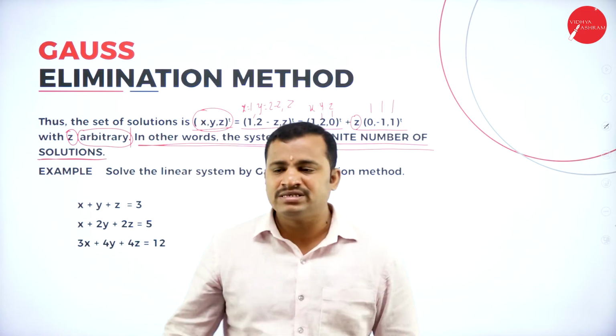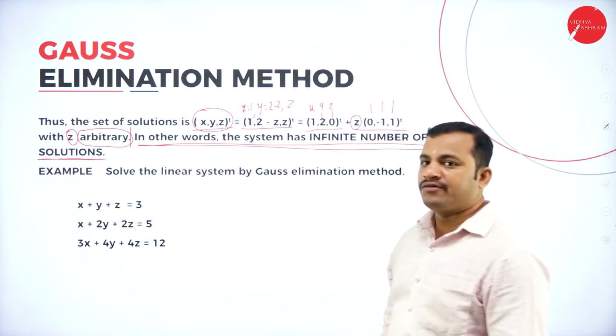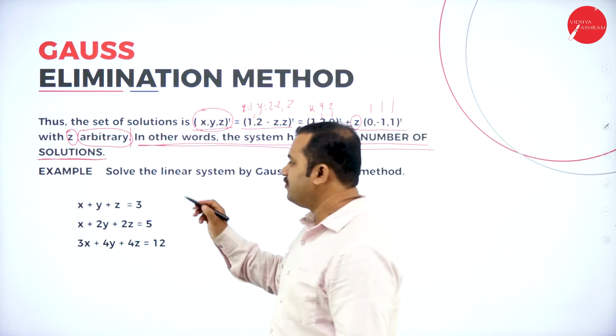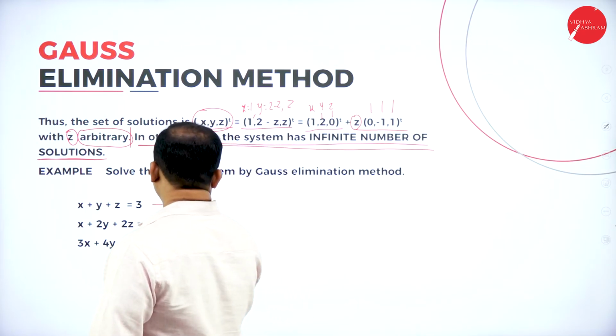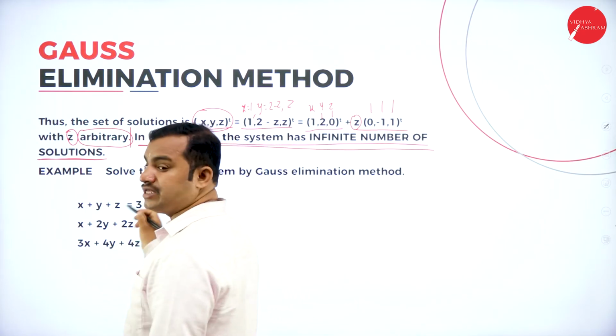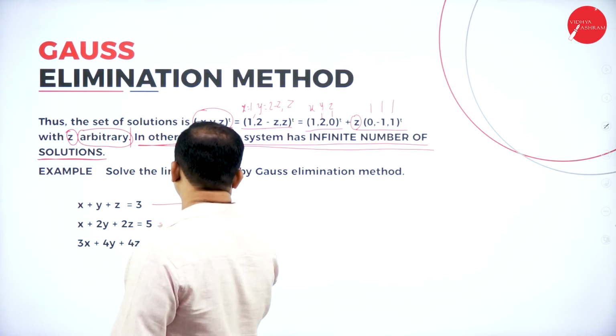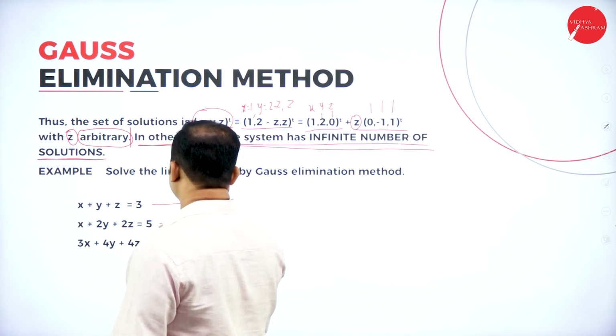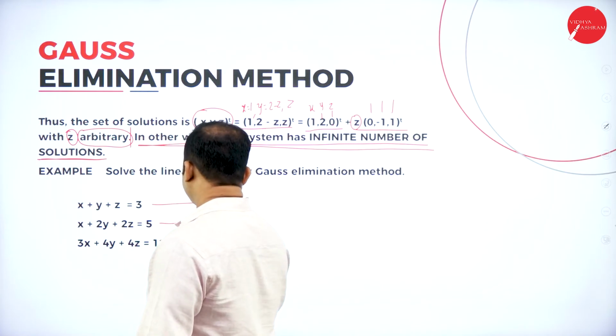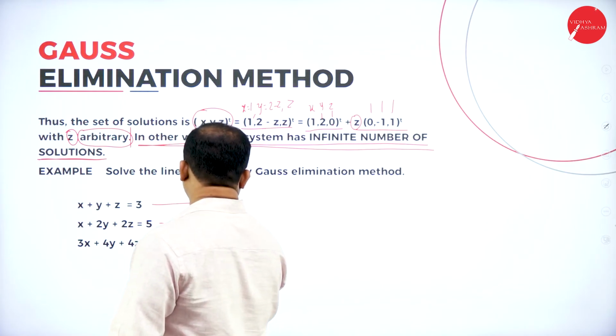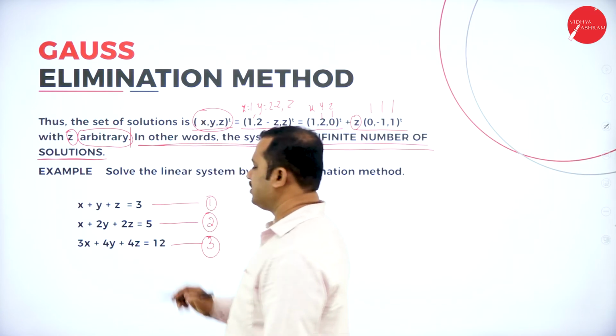If that is the case, let me take one more set of linear equations to solve: x plus y plus z is equal to 3, and another, x plus 2y plus 2z is equal to 5. Let me call this equation 2, and 3x plus 4y plus 4z is equal to 12. Let me call this equation number 3.